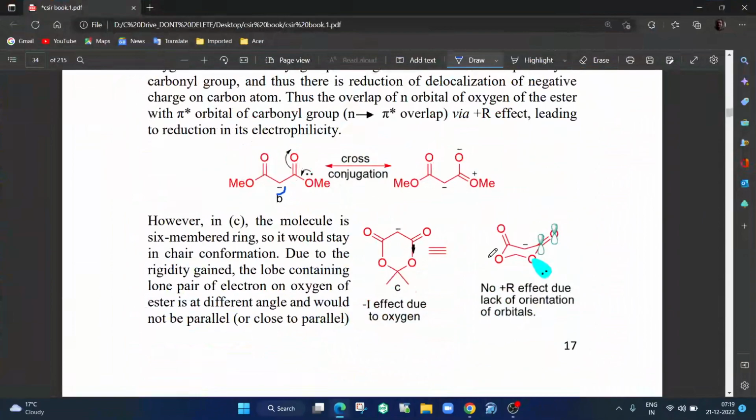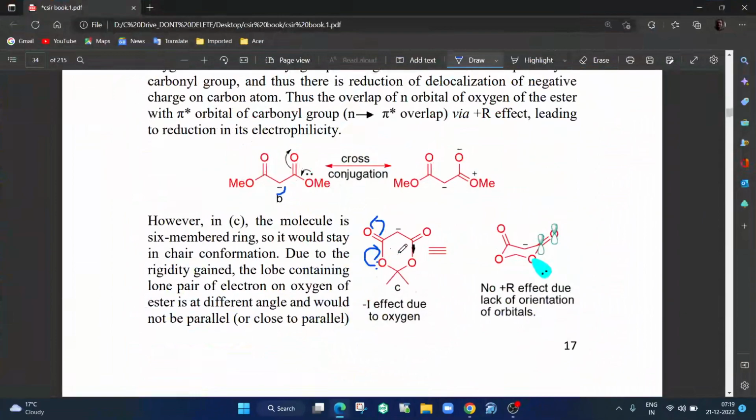So what happens is, when you are having chair conformation, you see here negative charge, double bond O, and then oxygen is there. So we expected, pretty much like ester, it should be less acidic. We would have expected this lone pair will come and attack here and cross conjugation would occur, and therefore it should be less acidic than your compound A, where it was just ketone, it was not ester.